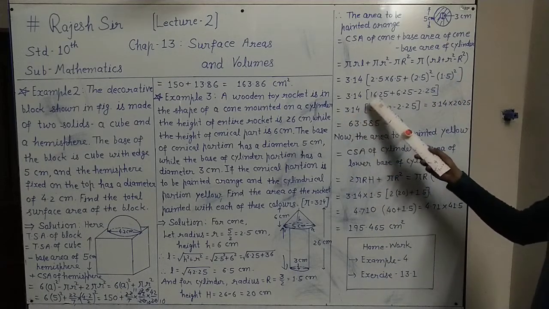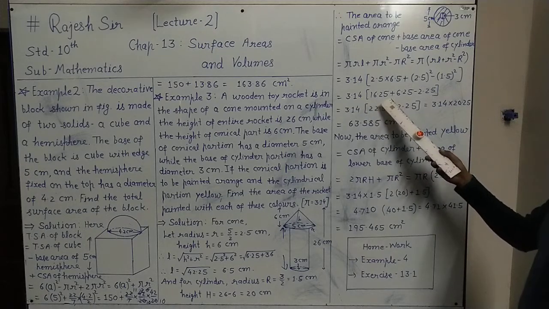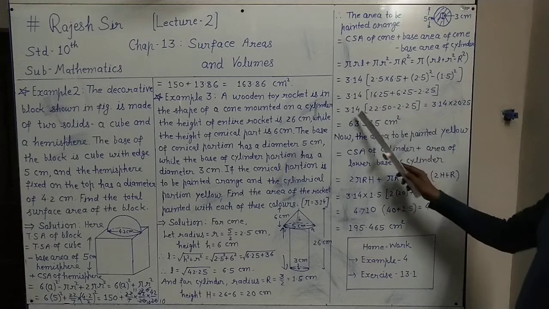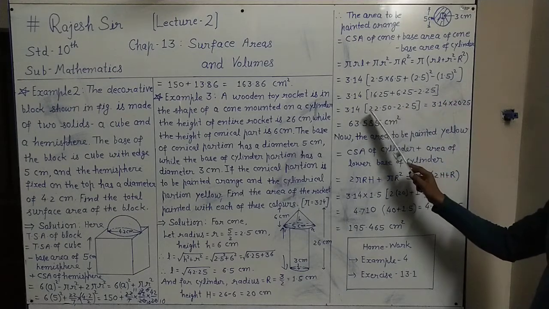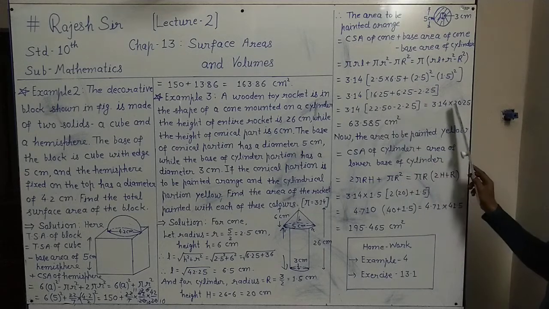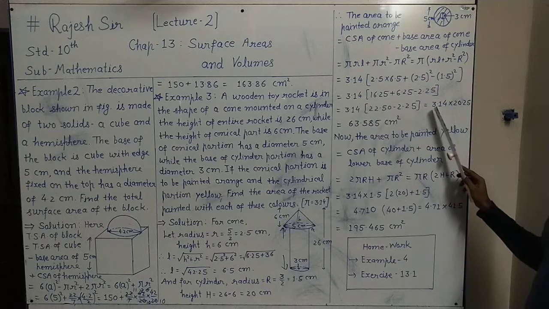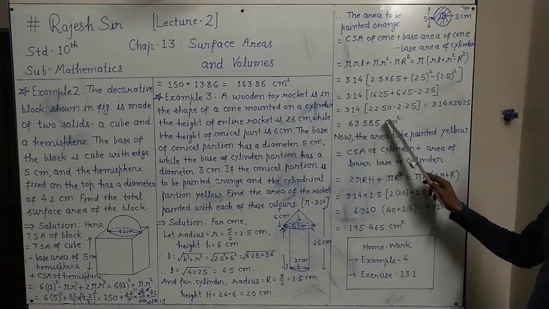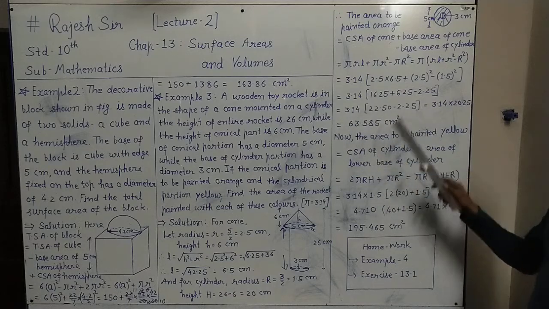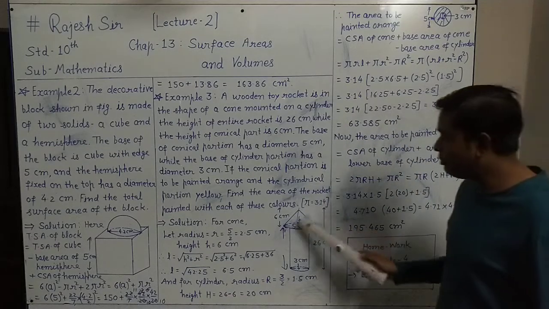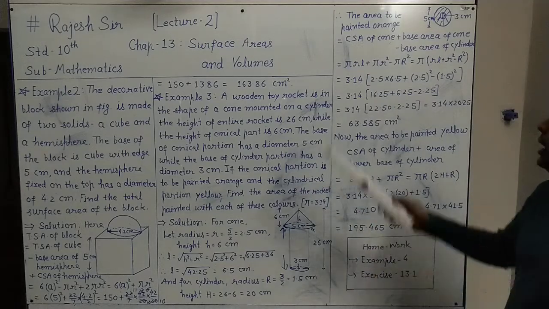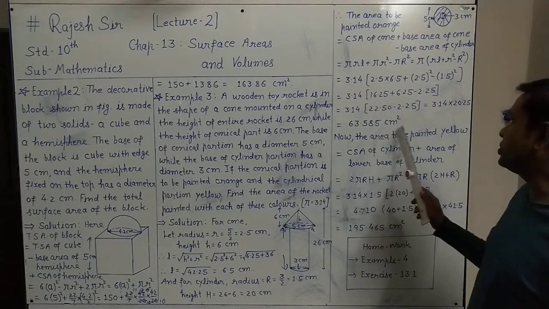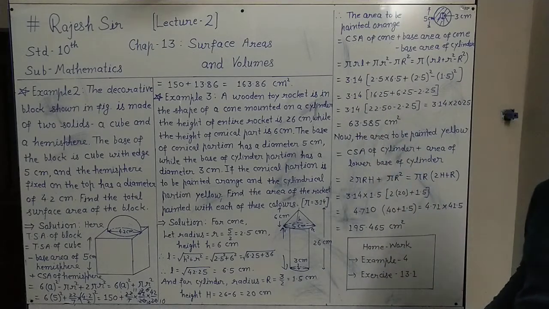Then 3.14, sum of 16.25 and 6.25 is 22.50, minus 2.25 gives 20.25, and multiplying 3.14 into 20.25 will give 63.585 centimeter square. So this much area of the conical part must be painted orange. This is the orange color we have to paint, 63.585 centimeter square.